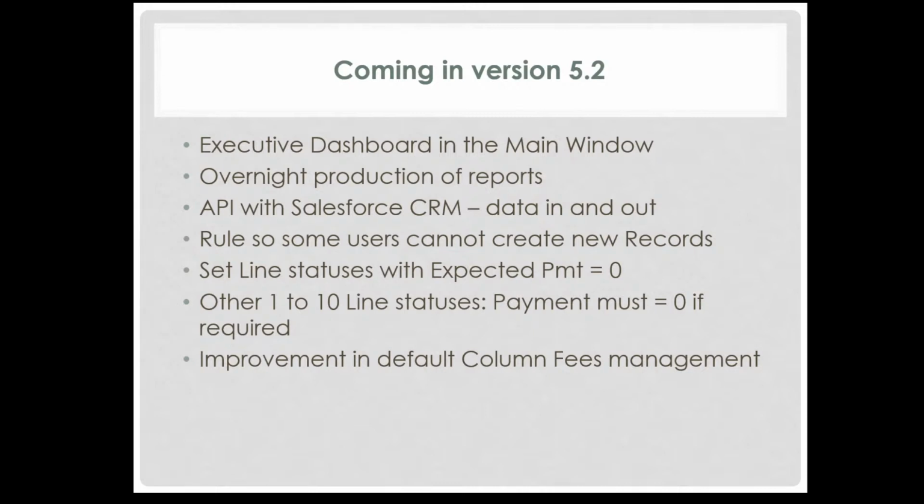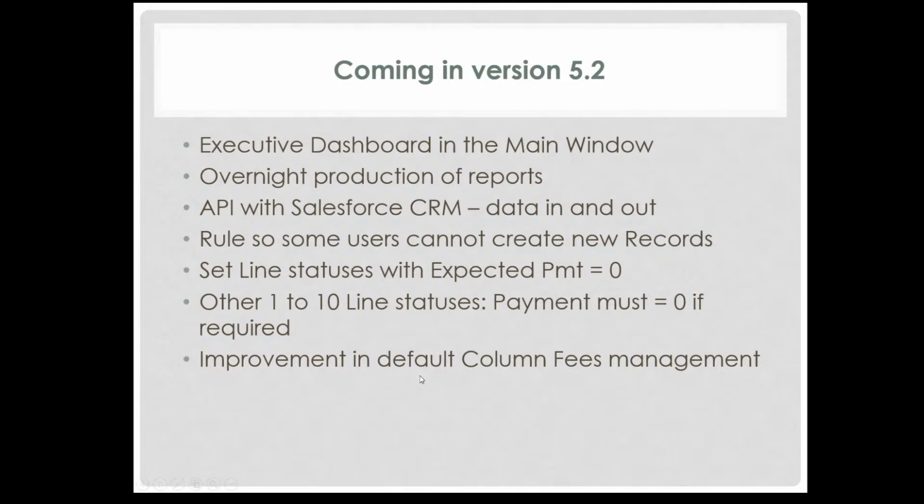For example, you want to add a column fee of $50 on a different date. There's no payment on that line. So you'd call it administrative fee on January 1. Payment must be 0, so your user cannot mess up and put a payment of $50 in there. They'll put it in the right column called administrative fee. So again, this reduces chances of error.